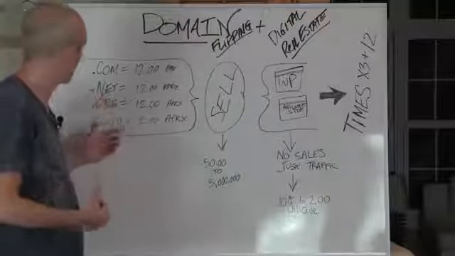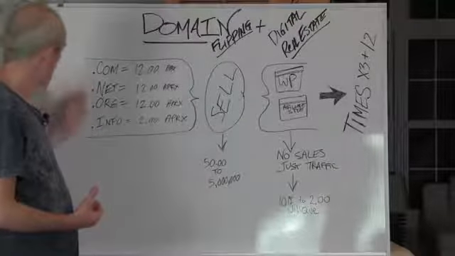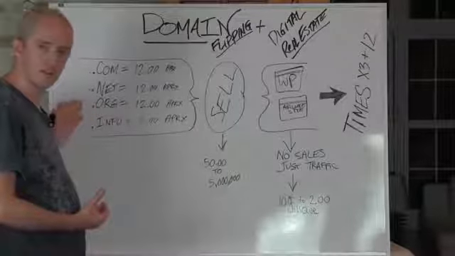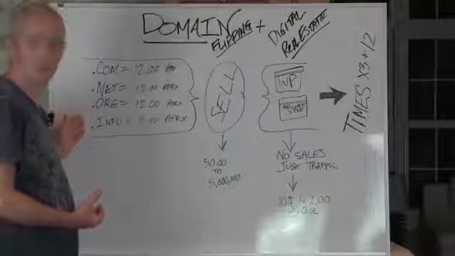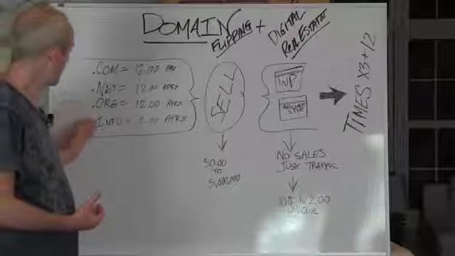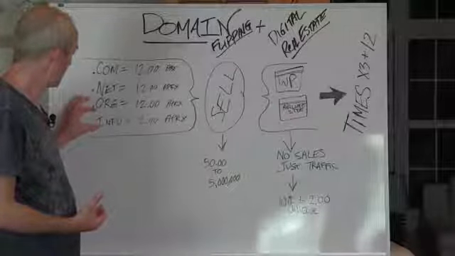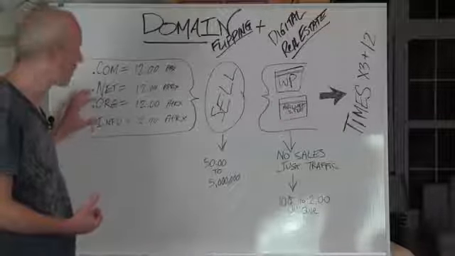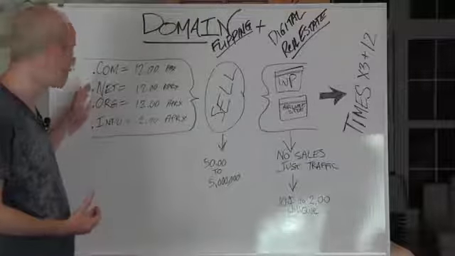Hierarchy of extension, I like that. .org is my third favorite, and others' favorites as well. And .info is the least of the least powerful domain name of these four.